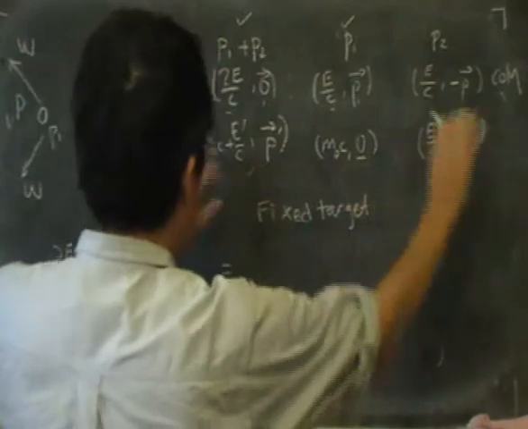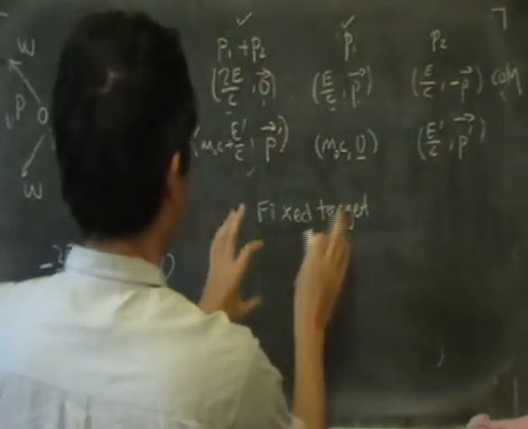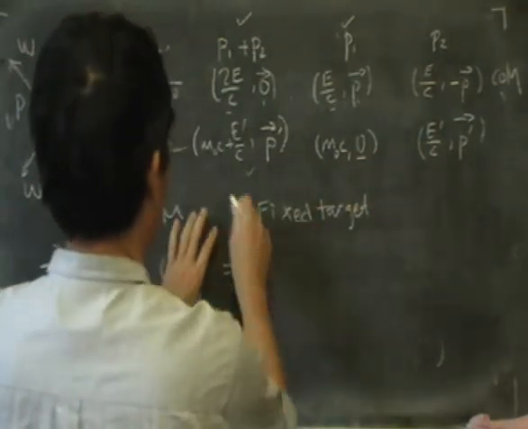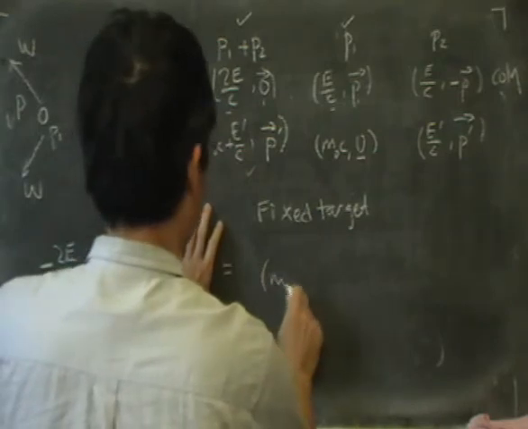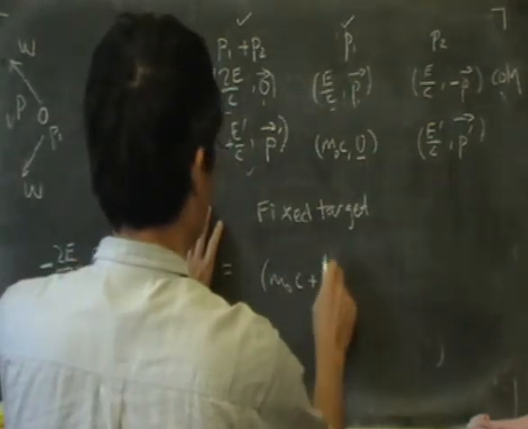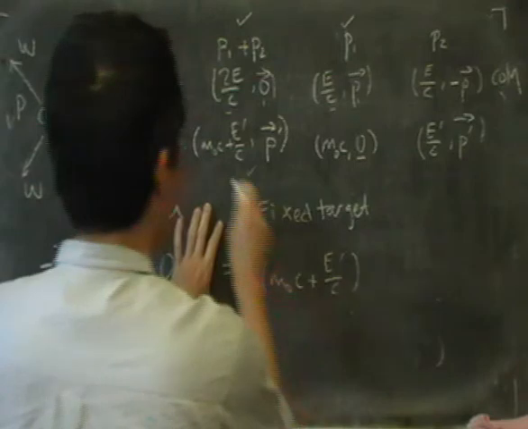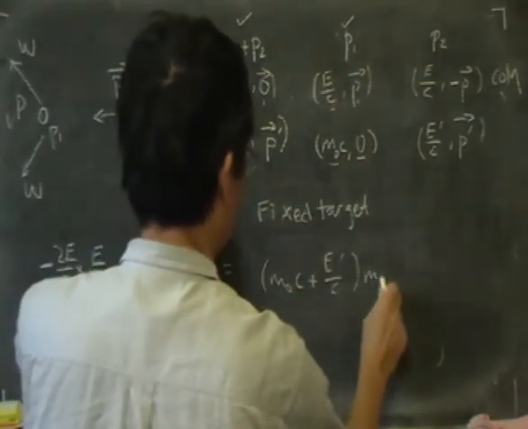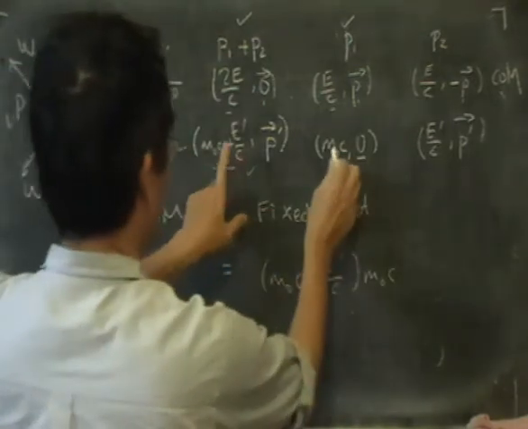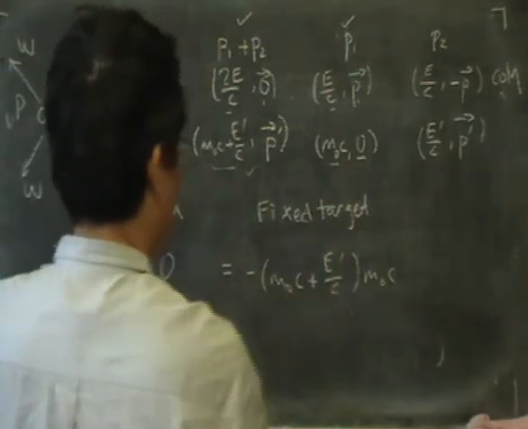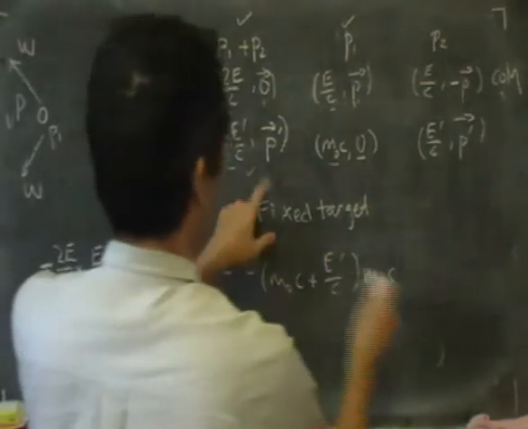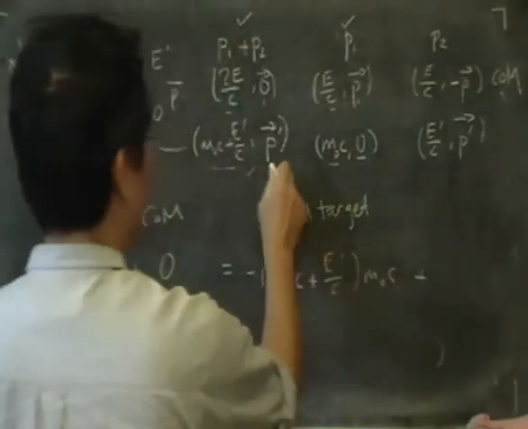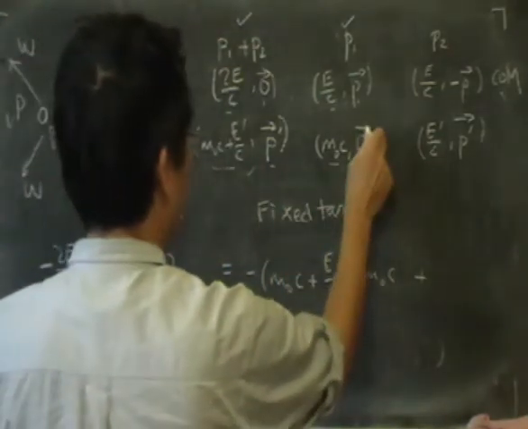That's why this is another frame of reference, and if we take the inner product between this and this, I have m naught c plus e prime over c from there with this m naught c. And because this is in the time position, the minus sign there, and then I have to add the dot product between this 3 vector and this 3 vector.